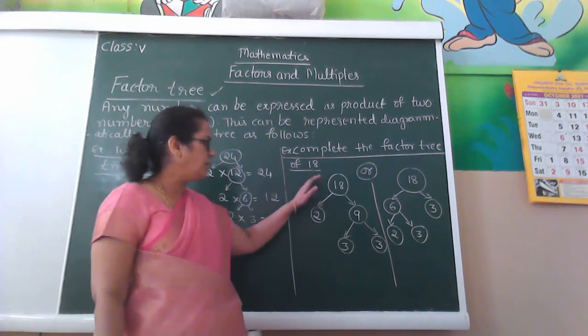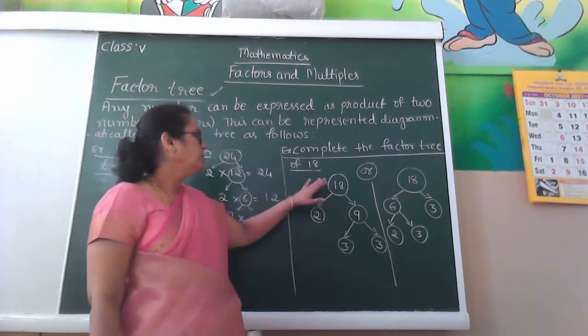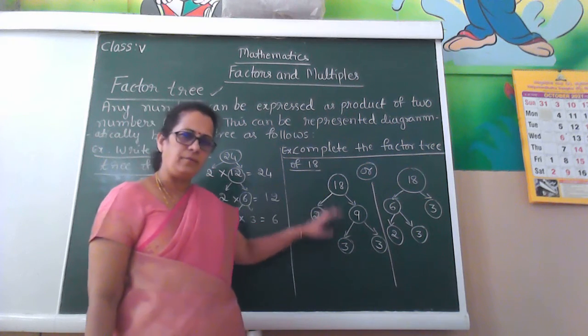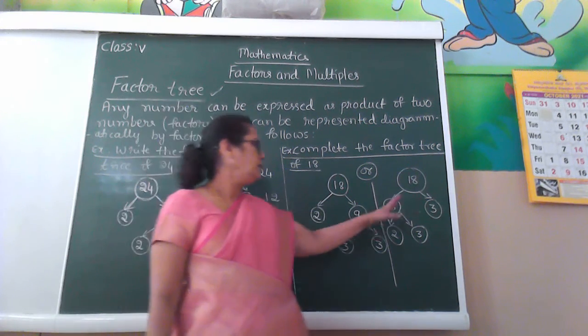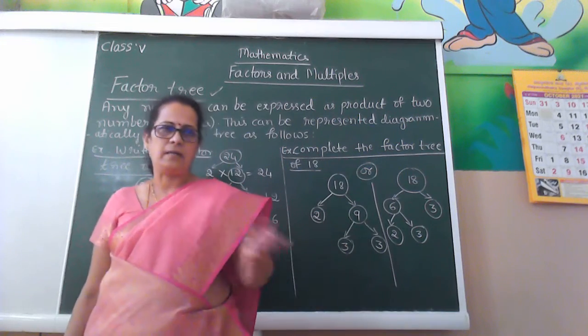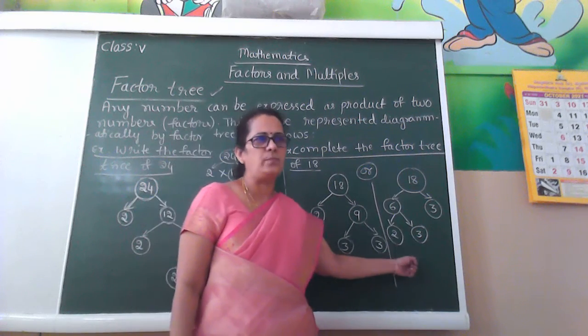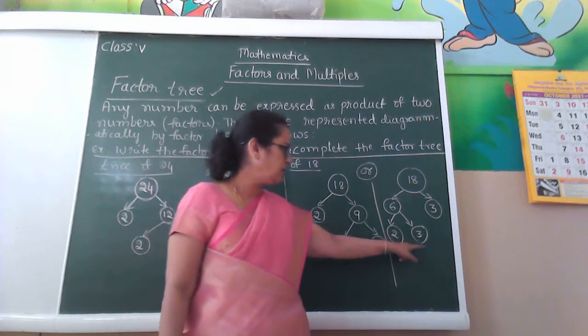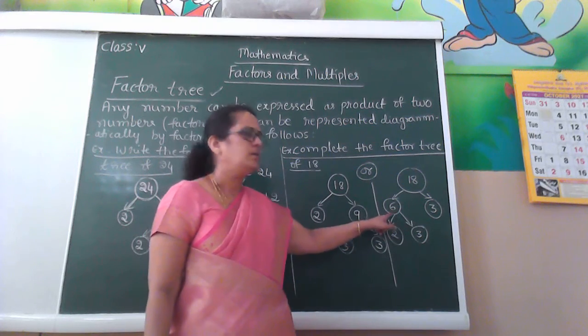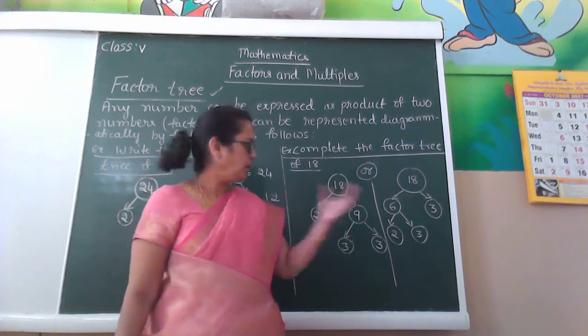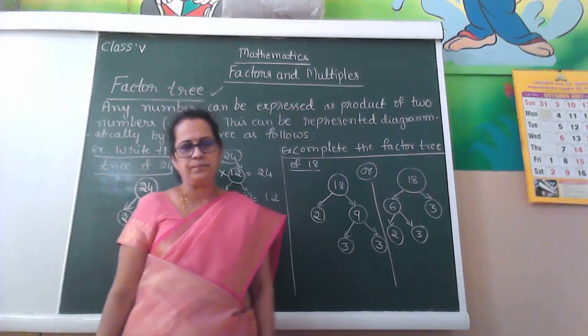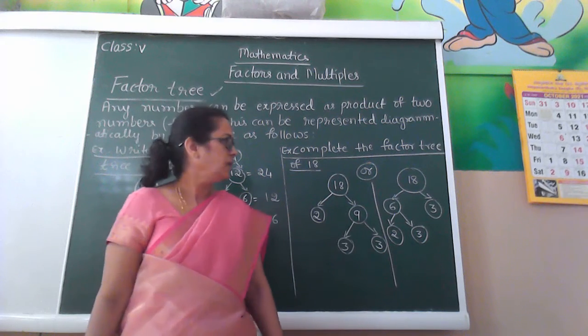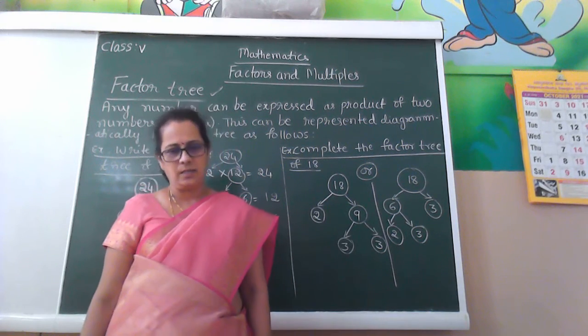There is no particular way of completing the factor tree. You can write the factor tree as you wish, but two numbers should be there to get a product. Okay, children, so this factor tree method is very easy.